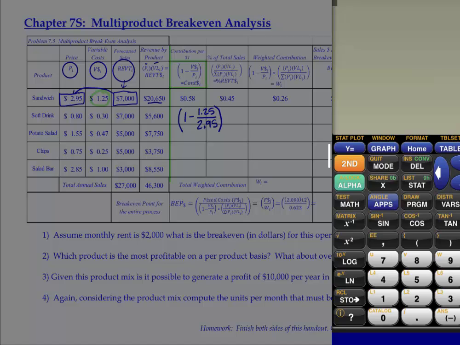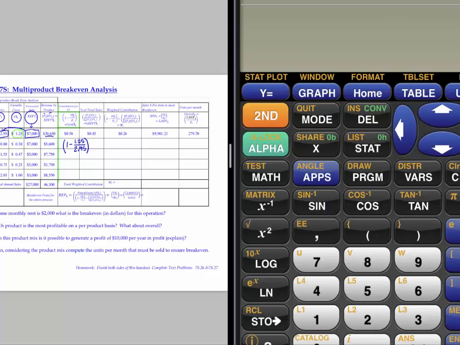Just so you can see what I'm doing in the calculator, the order of operations is really important. We open parentheses, put 1 minus, open a new set of parentheses, 1.25 divided by 2.95, close both parentheses, and hit enter.